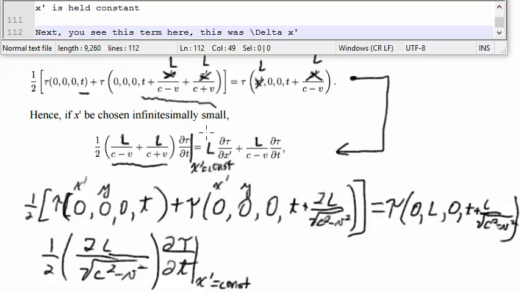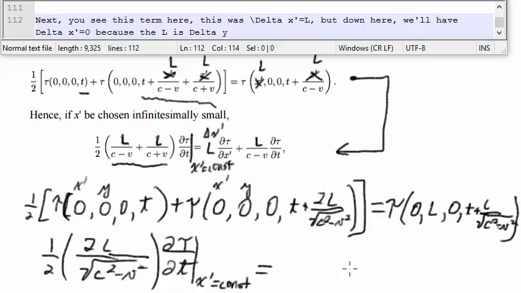Now you see this term here, it was delta x prime equals L, but down here our delta x prime is 0 because the L is in the delta y, so that'll be 0 delta tau delta x prime.